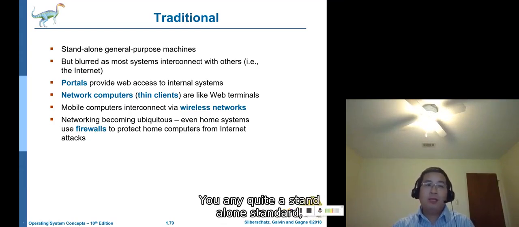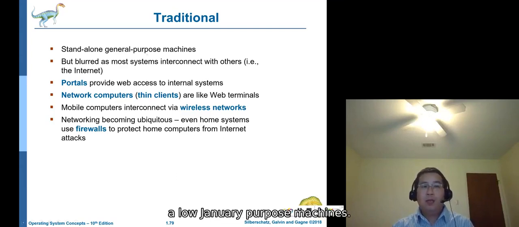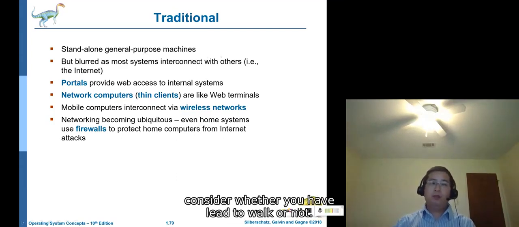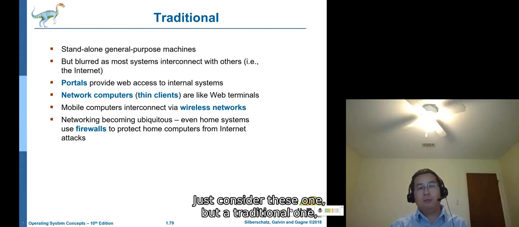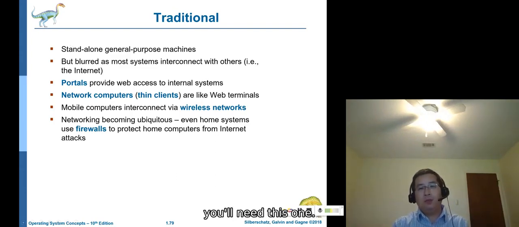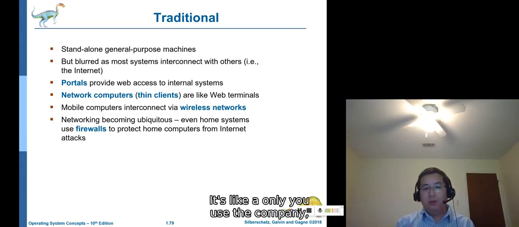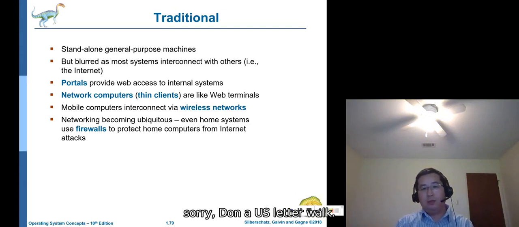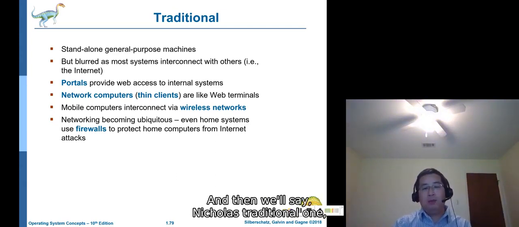You need a standalone general-purpose machine, and you don't even need to consider whether you have a network or not. But traditional has a different meaning now. Traditional used to mean only you use the computer itself, without a network, an individual system.